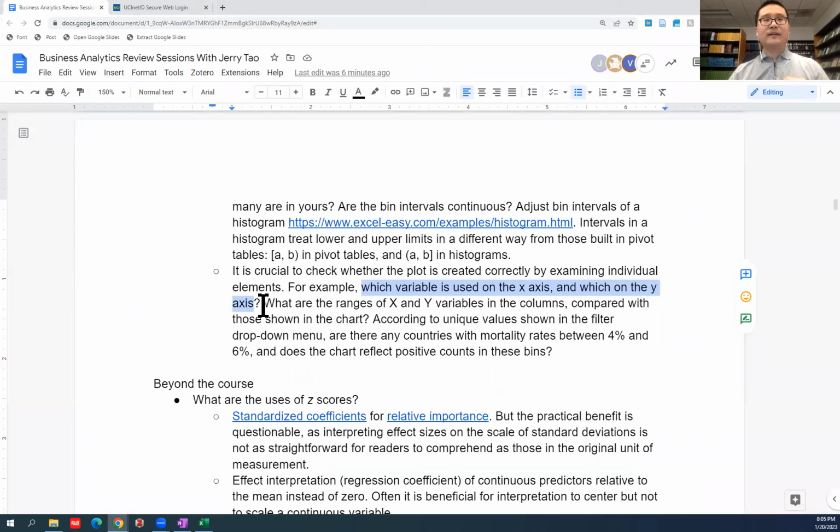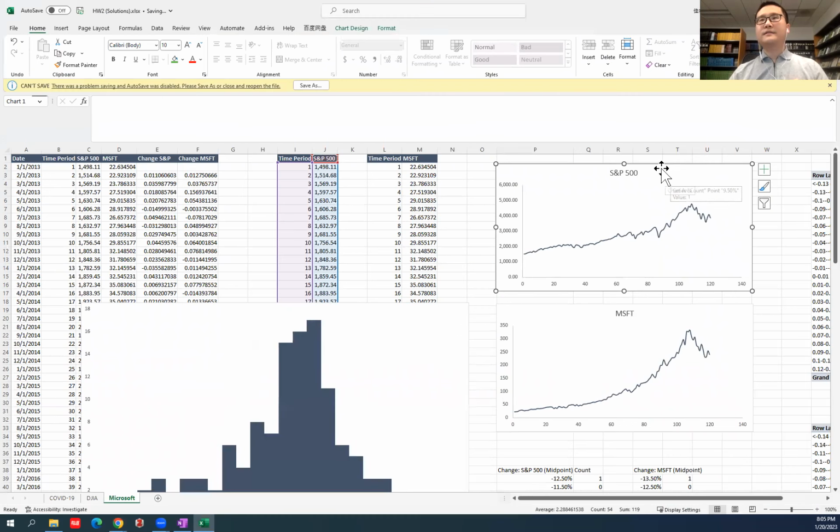Another checkpoint is whether the ranges match. So we can check for each axis. For example, in this S&P 500, we notice that the horizontal axis ranges from 0 to 120, and the vertical axis ranges from about 1,500 to about 5,000.